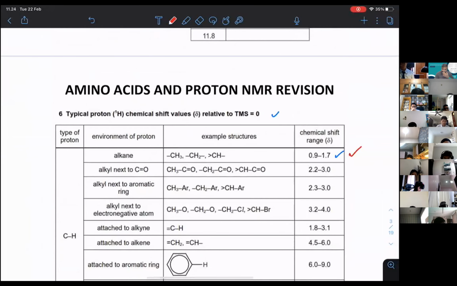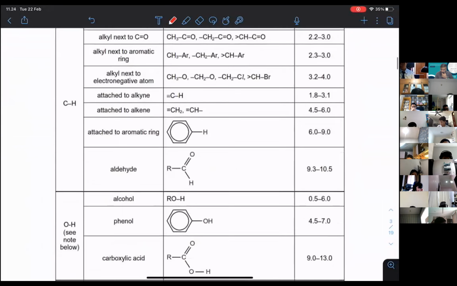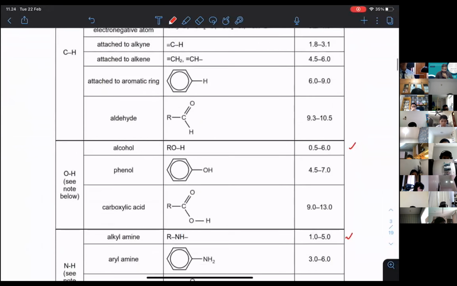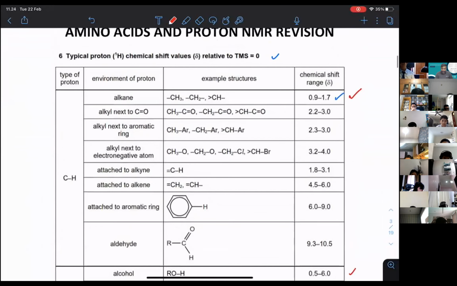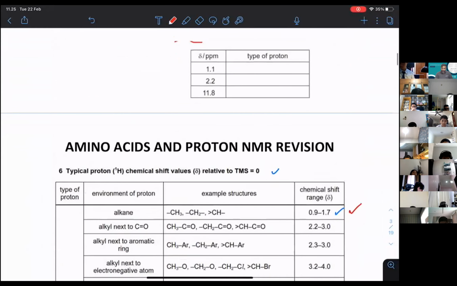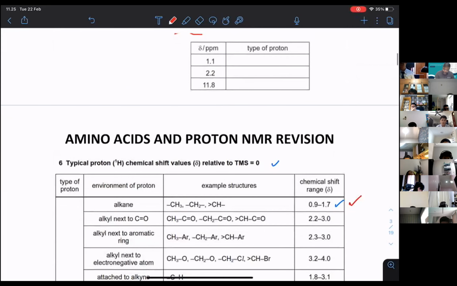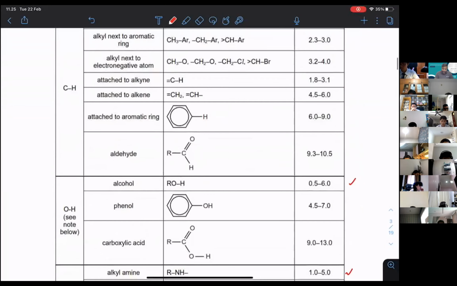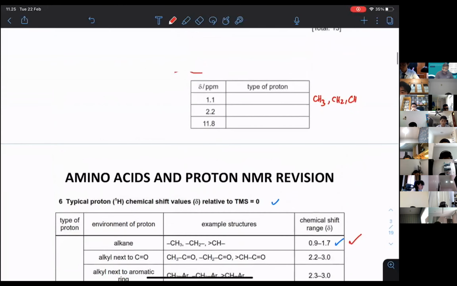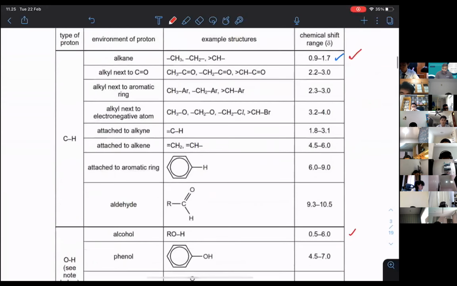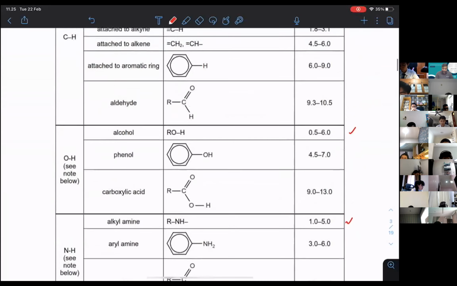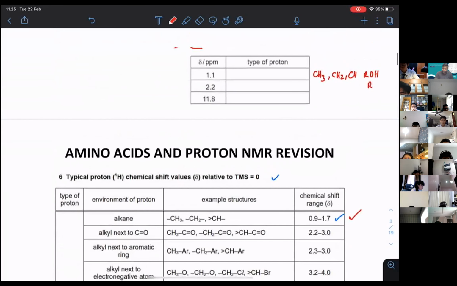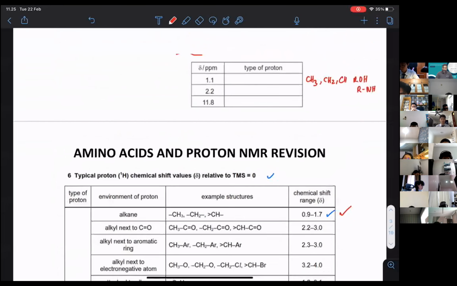Maybe here, alcohol. So if I look at it, most likely I'll just put first CH3, or CH2, CH. It can be alcohol. It can be R and H. I'll put that down first.